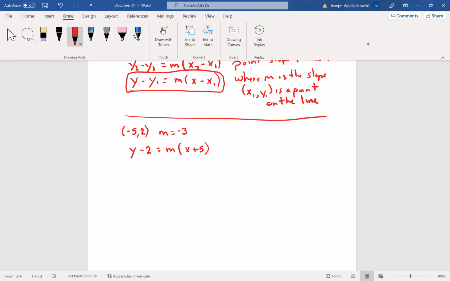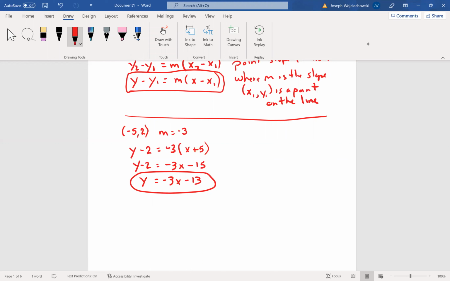We know our slope, -3. So now I have y minus 2 equals, we distribute this -3, -3x minus 15. Add 2 to both sides. y equals -3x minus 13. That is the slope-intercept form of that line.